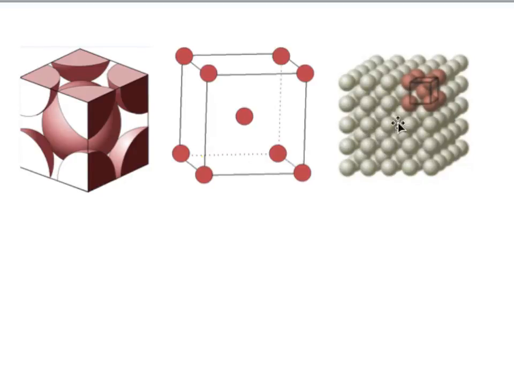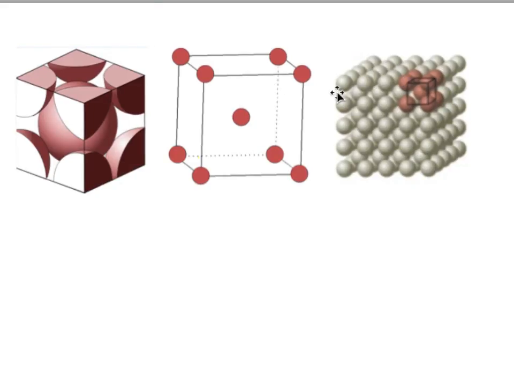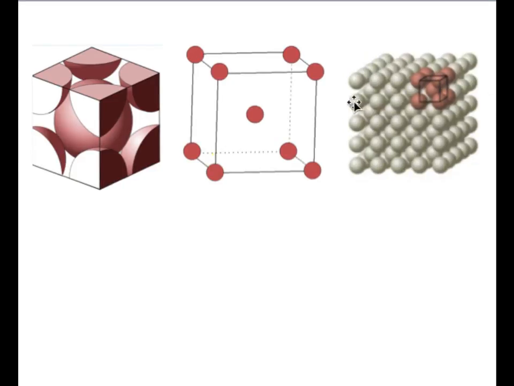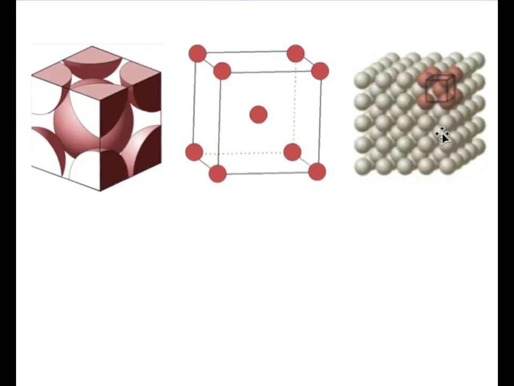So this will be a slip plane in the BCC structure, the body-centered cubic structure. We can also realize there are a number of these types of planes in different directions. And of course it depends on what direction the forces are coming from, what planes will be the most active in the slip. But what is going to happen is that a number of crystal planes will be activated in the crystal when it deforms.